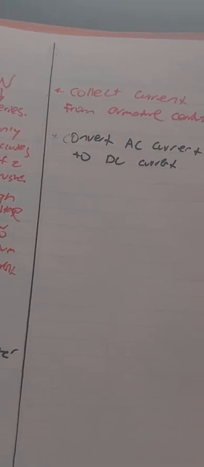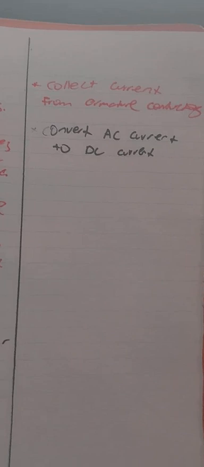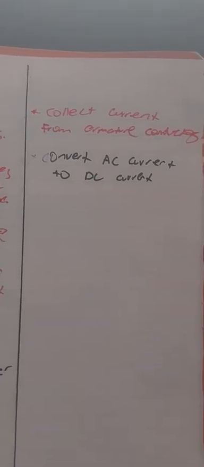Okay guys, let me read all of them to you. The functions of commutator: it is to allow electrical connection to flow from stator to rotor by means of brushes. And then it is to collect current from armature conductors. And then last but not least is to convert AC current to DC current.